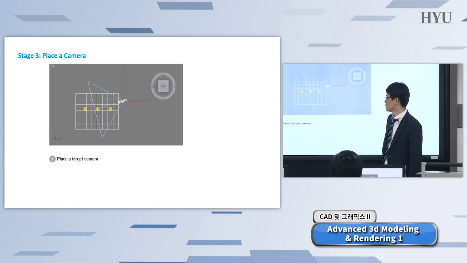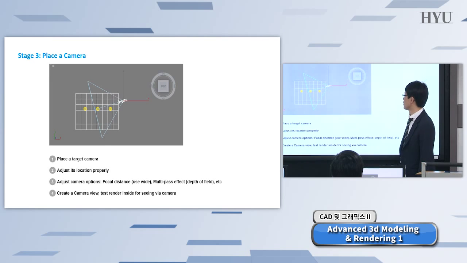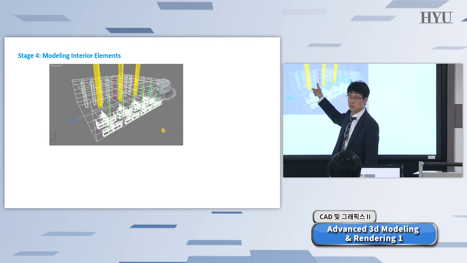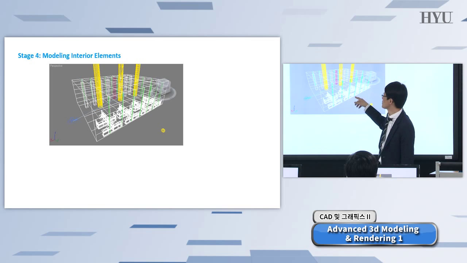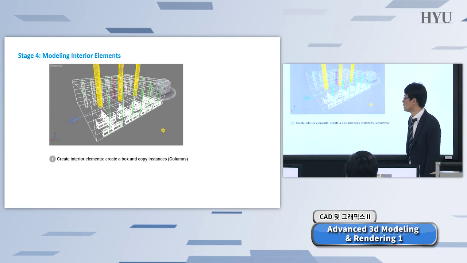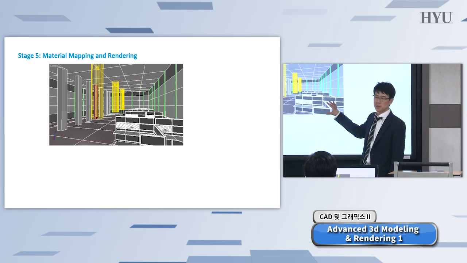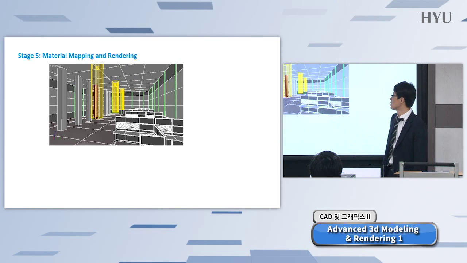Very deep. So target camera, adjust camera location and options, and place and model some columns, posts, and some detailed features, elements, and sometimes some workstation layouts you need, okay? And then you can visualize an interior scene very quickly, okay, for your design concept.